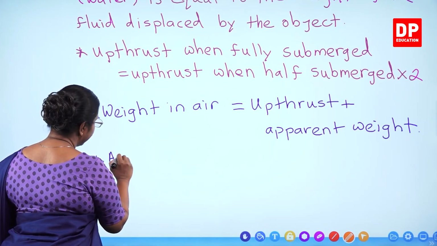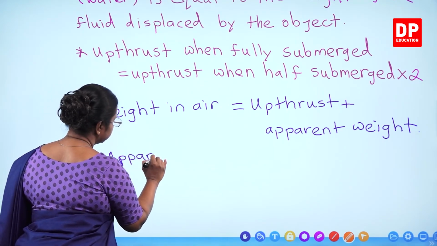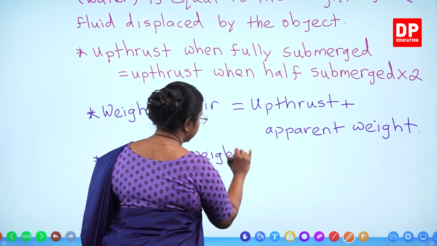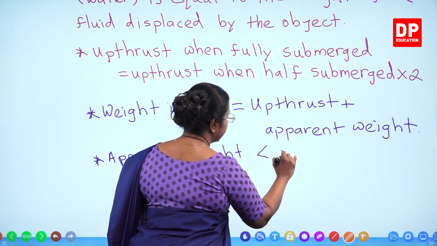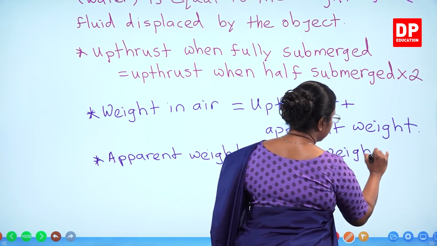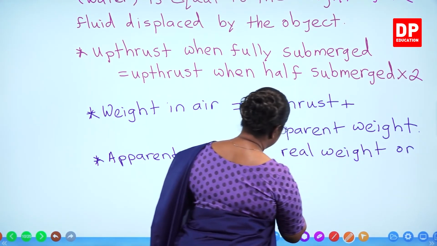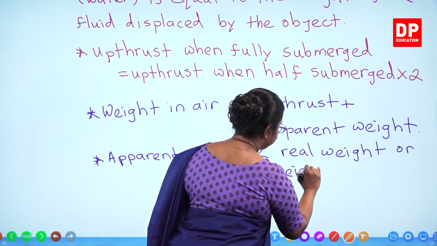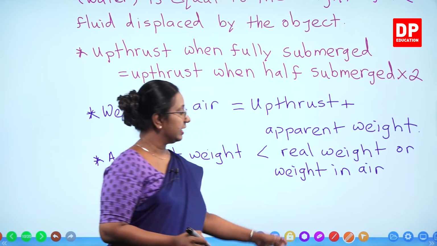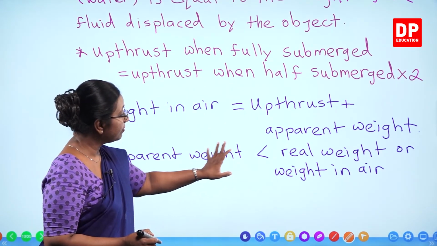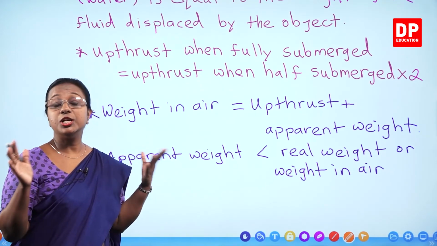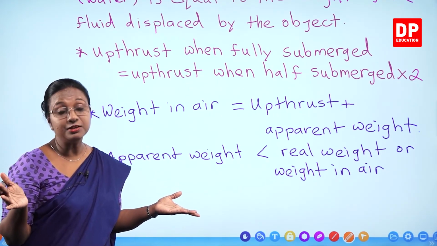So the apparent weight is always less than the real weight, or weight in air. The real weight, or weight in air, is always greater than the apparent weight when the object is partially or fully submerged in a fluid.